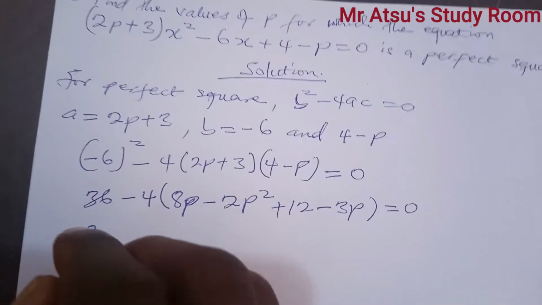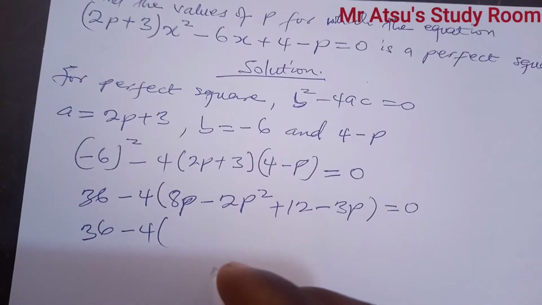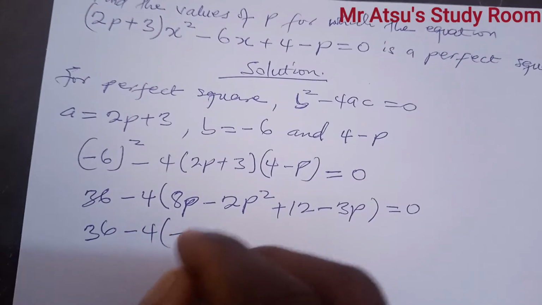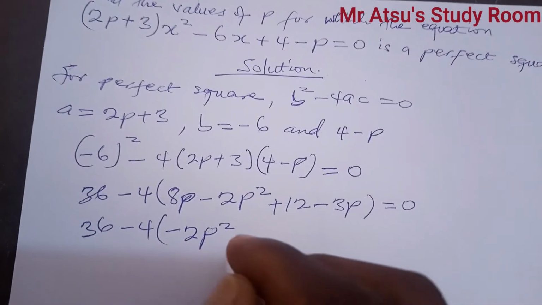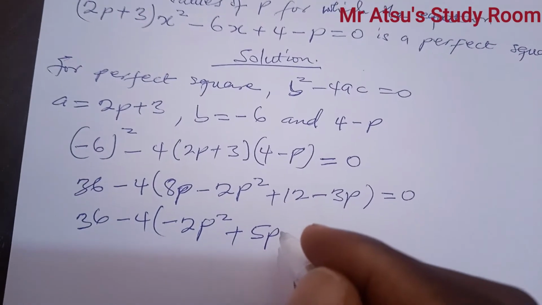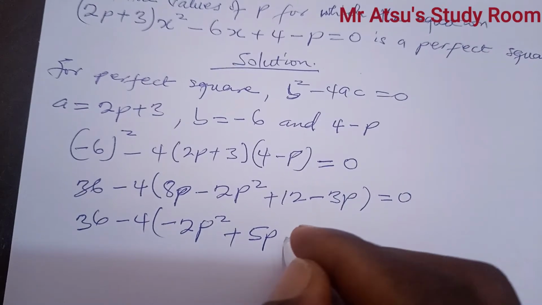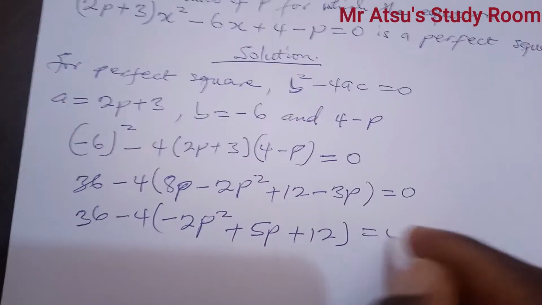This will give us 36 minus 4. Then we group like terms, and we get negative 2p squared plus 5p plus 12 equals 0.